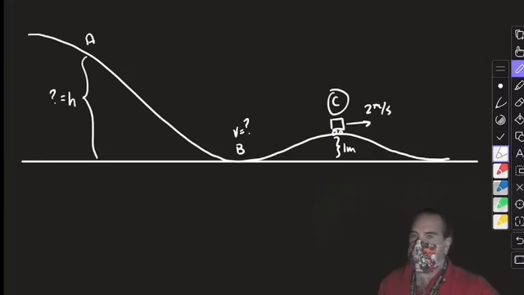Now, we started talking about reference level just yesterday, and it was about dealing with potential energy. Reference level represents the lowest place the object could go. So identify where your reference level is and identify that as the lowest place the object could go. Call that 0.